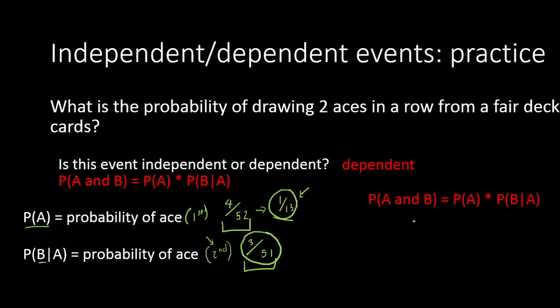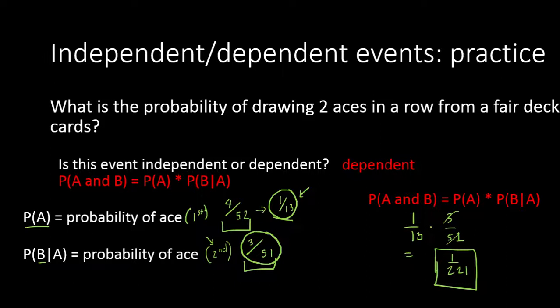I multiply these together. So 1 over 13 times 3 over 51, which is equal to, if we reduce those, 1 over 221. So there's a 1 in 221 shot of drawing 2 aces in a row from a fair deck of cards.